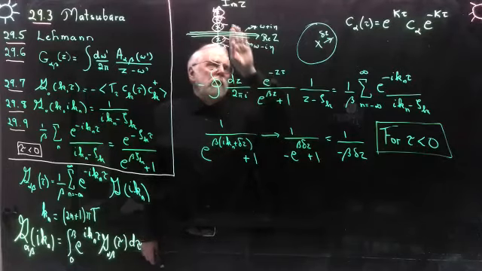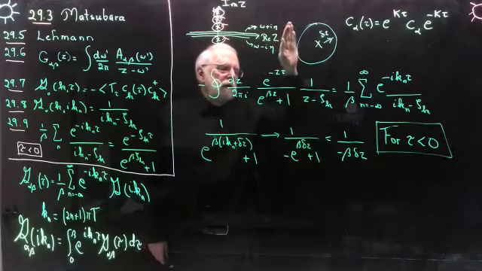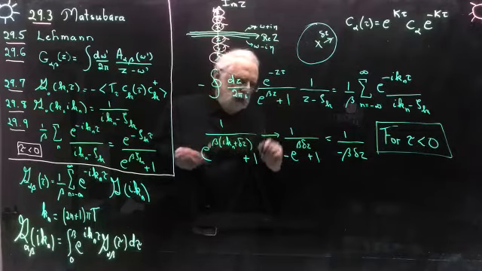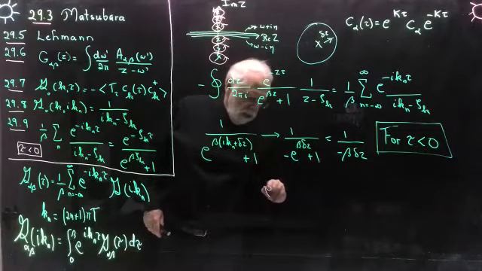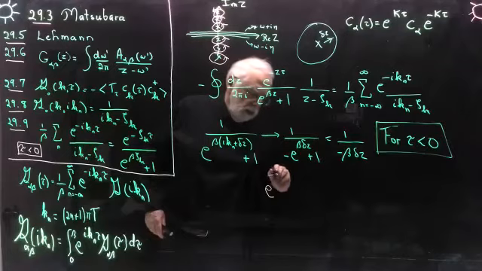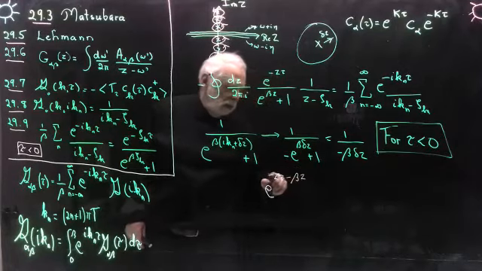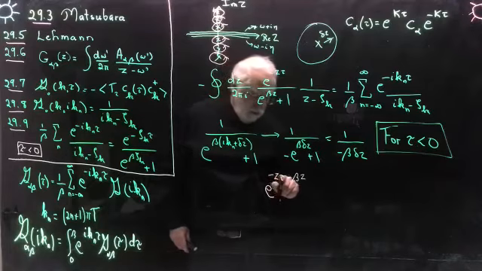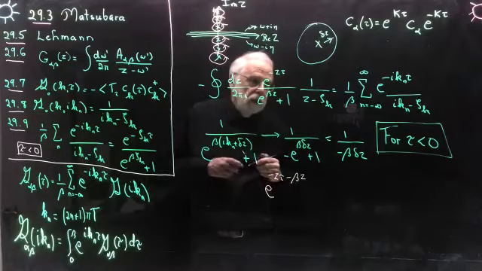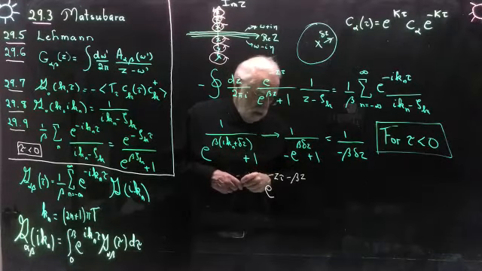Okay, so if I go in this direction, then this becomes e to the minus z tau minus beta z, and beta is always larger than tau in absolute value. Yes, but for a real part less than 0.